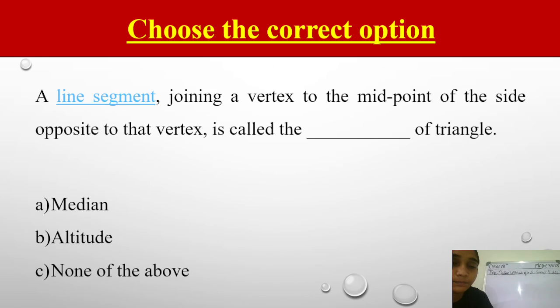Now students, it's your time to choose the correct option. A line segment joining a vertex to the midpoint of the side opposite to that is called the dash of the triangle. What is it called?